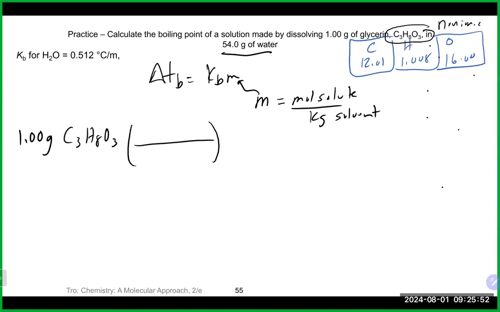So that's going to be 3 times 12.01 for the carbons, 8 times 1.008 for the hydrogens, and 3 times 16 there for the oxygens. Going to give us here 92.09 grams per mole from the periodic table. And that will give us 1 divided by 92.09.